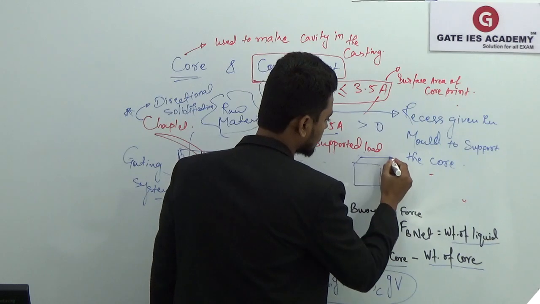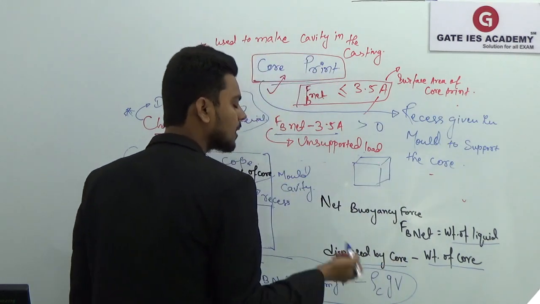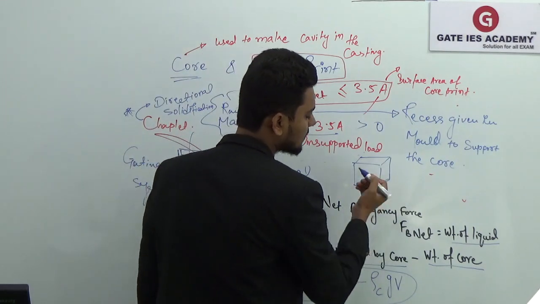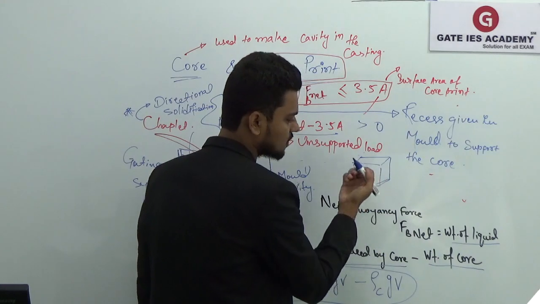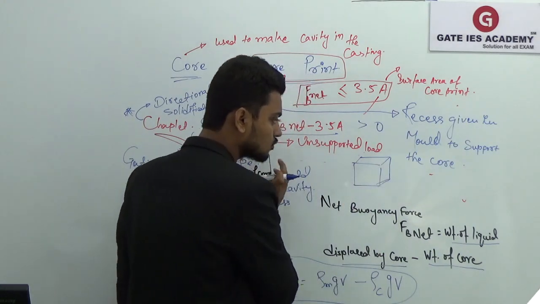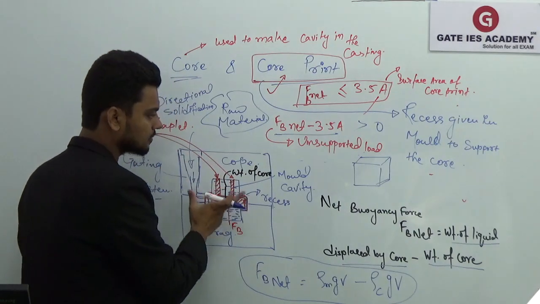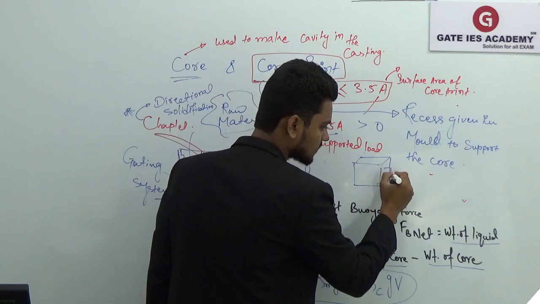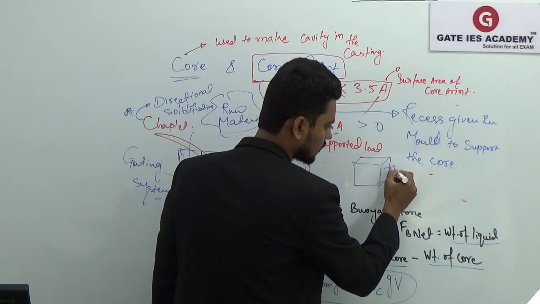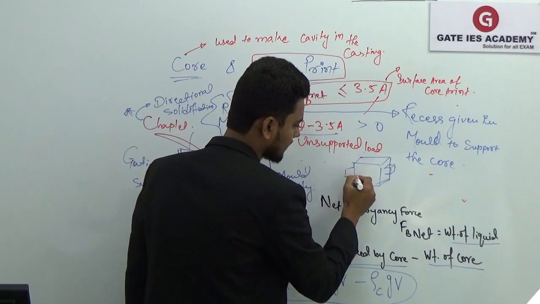The shape of the pattern should be the same as that of your casting, so we will have a cube pattern, and to locate the core we will have to give some projection on the pattern, on both sides.